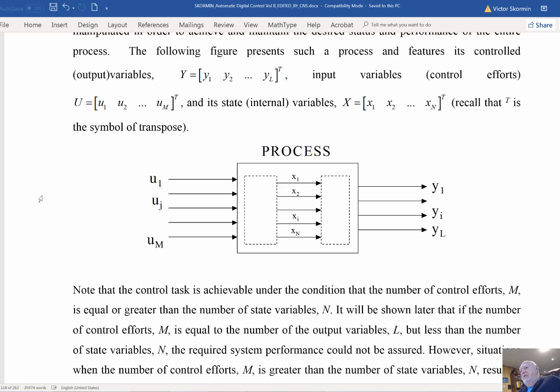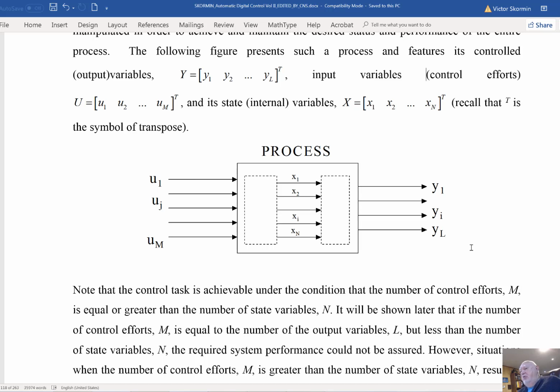If we would look at the physical nature of the process, we should realize that a process based on the laws of physics could be described by a system of differential equations, probably high-order differential equations.